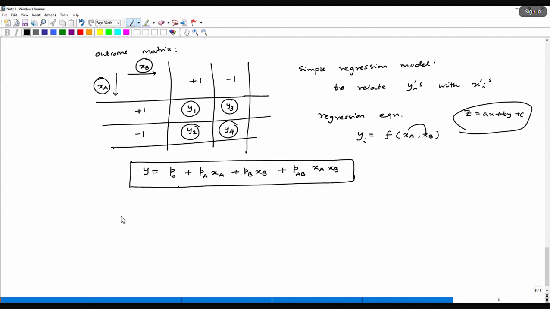And the p's are basically the regression parameters. So these are all regression parameters that we need to evaluate.